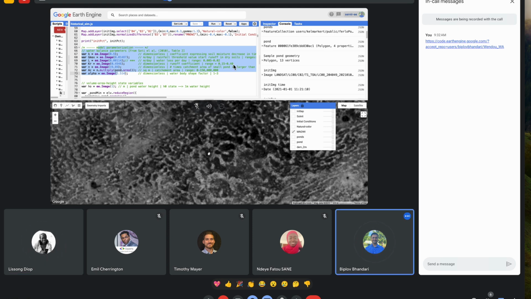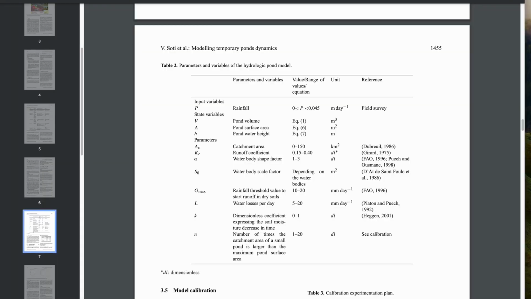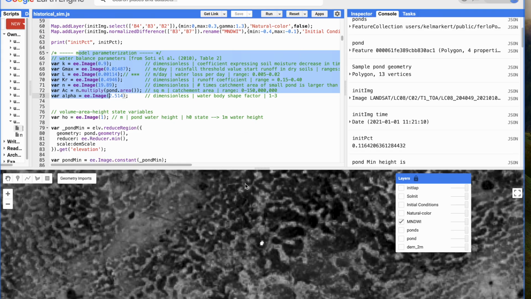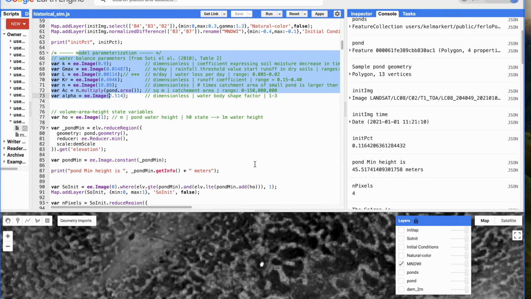Yeah, so most of these values are based on trial and error, and I think that's also something we can discuss because it's a range. This particularly is the water loss per day.